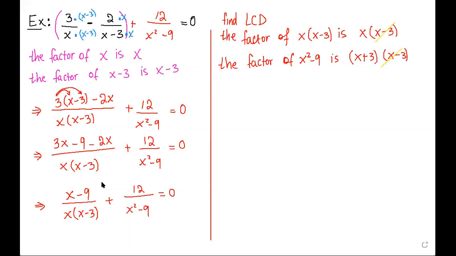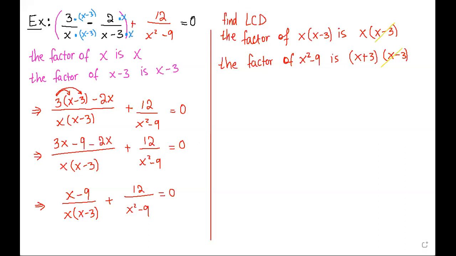So now we multiply this fraction by the factor from the second one, x plus 3, and we multiply this one by the factor of this fraction, which is only x.